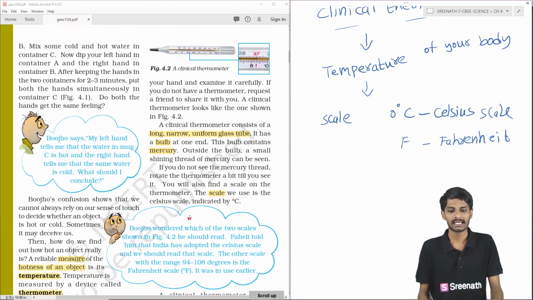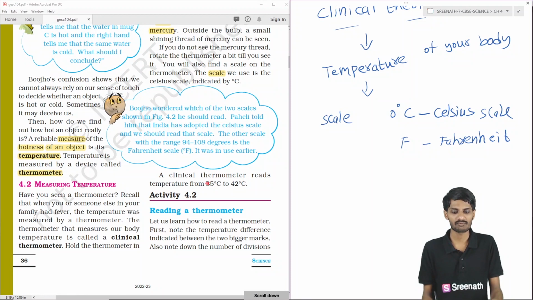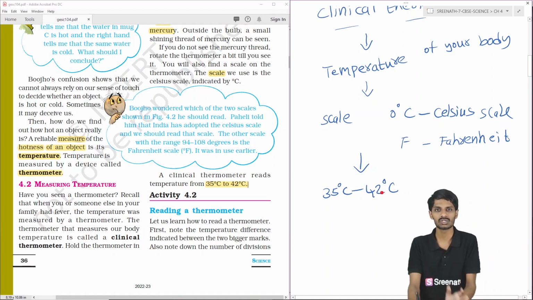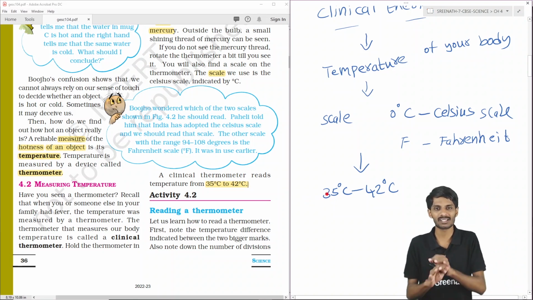So normally a clinical thermometer measures the temperature from 35 degrees to 42 degrees Celsius only. Beyond 42 degrees Celsius, the clinical thermometer can't measure. Below 35 degrees Celsius, it can't measure.